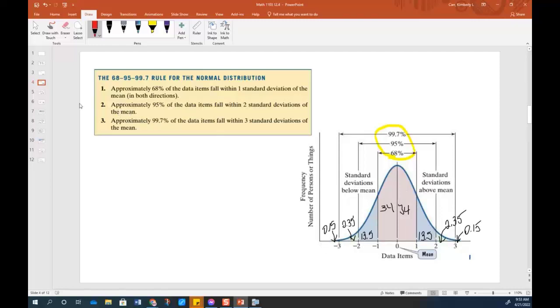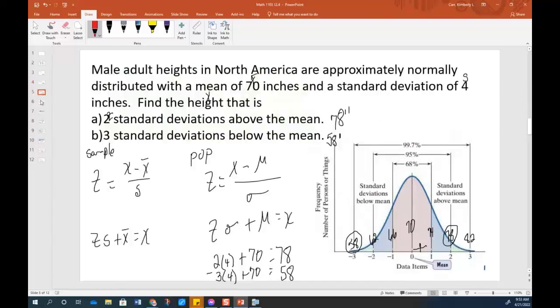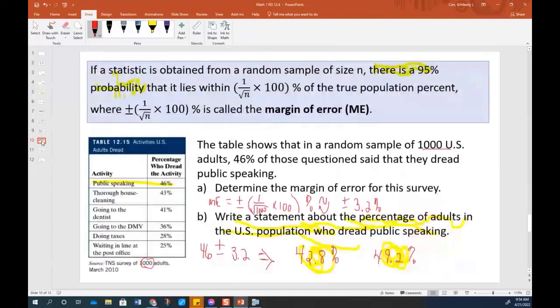This is really poor writing, but this is the formula for how to find the z-score, and then this is rearranged for how to find a particular value, and we do need to use those. And then the other little formula we used is right here with margin of error, how to calculate the margin of error.